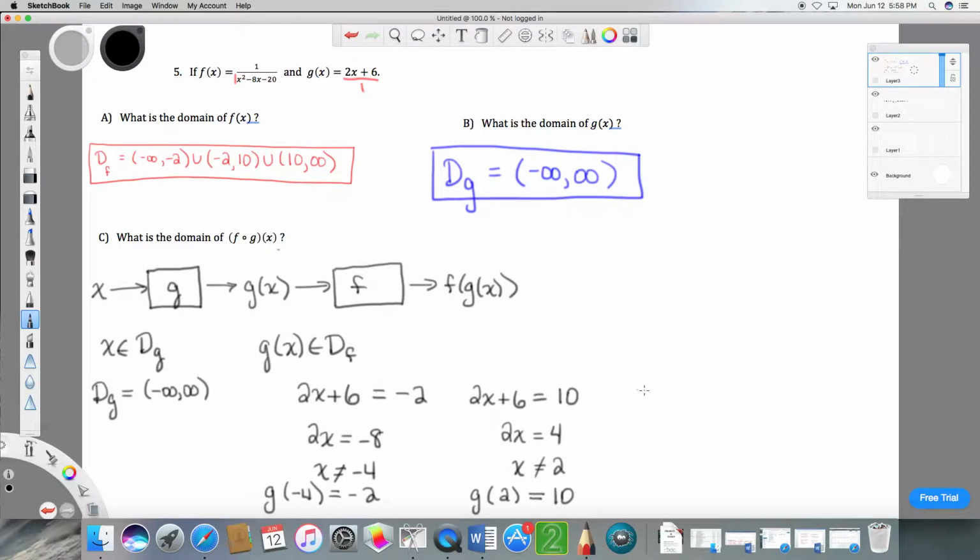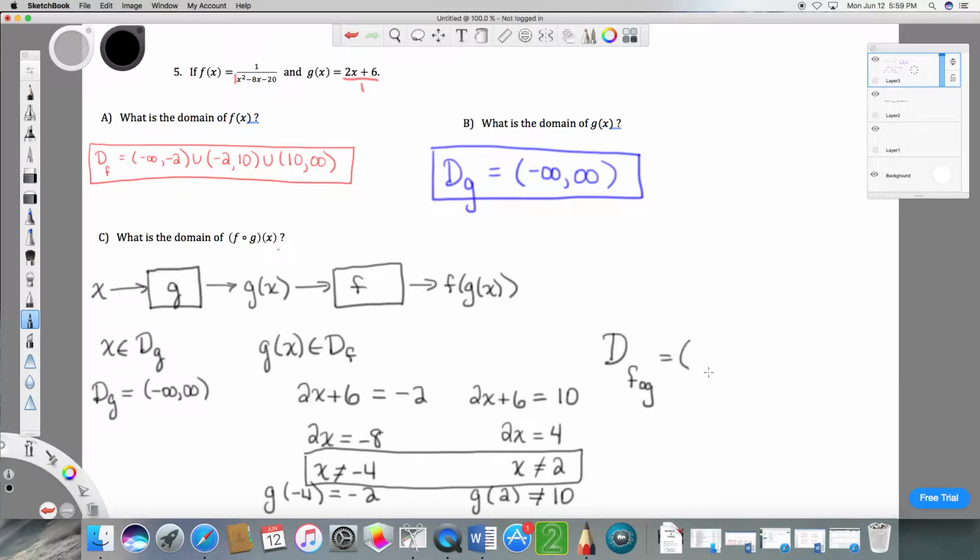So our answer here for the domain of f composed with g is the set of all real numbers excluding the numbers -4 and +2. This is what we need to exclude right here.